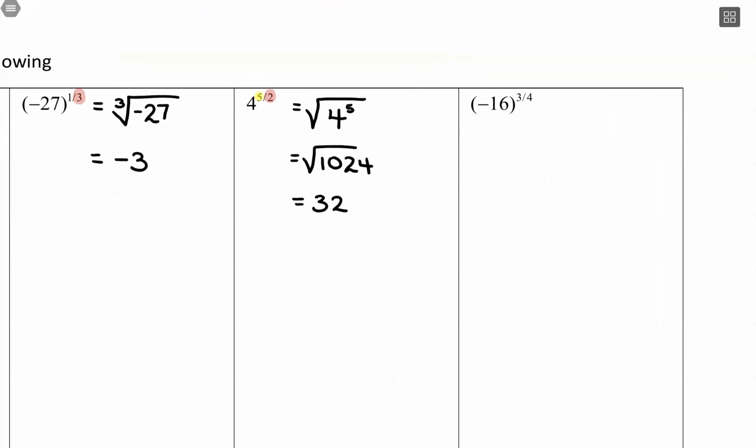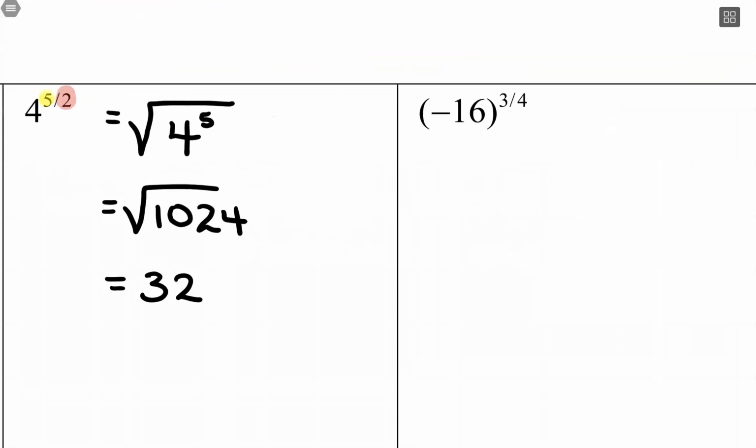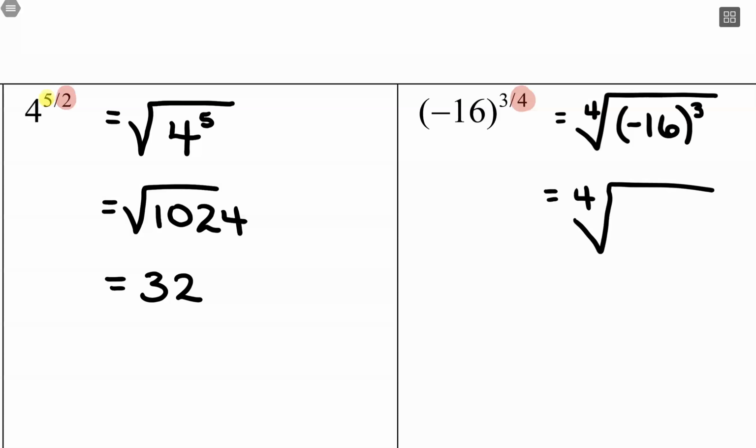All right. And then our last one here, negative 16 in parentheses raised to the 3/4 power. Focusing on that denominator, we're taking a 4th root. And then in parentheses, negative 16 raised to a power of 3. So this will be a 4th root of negative 16 cubed, which will be a negative 4096.